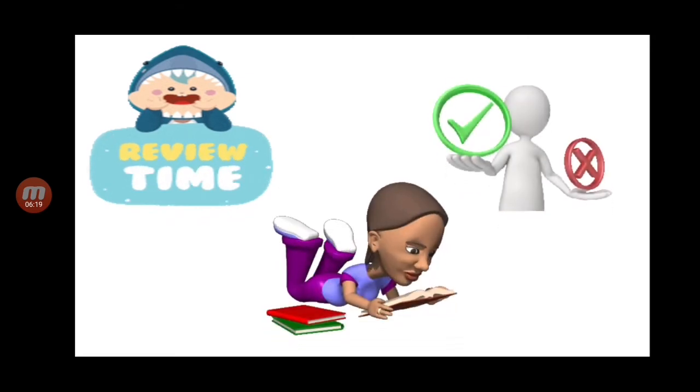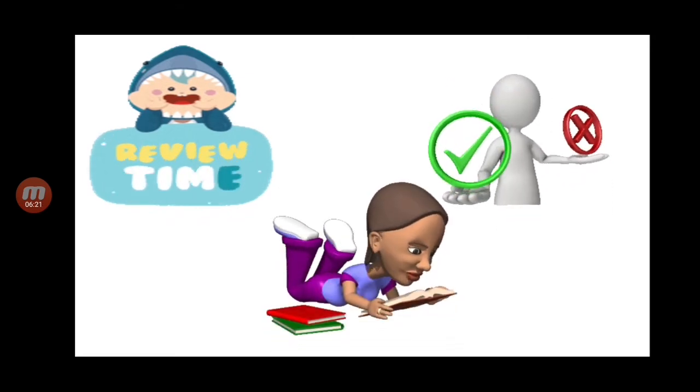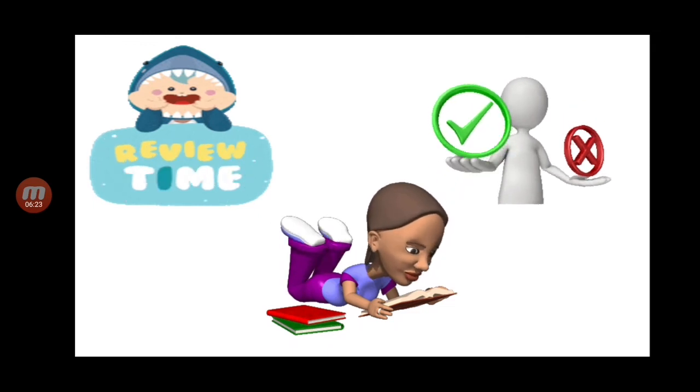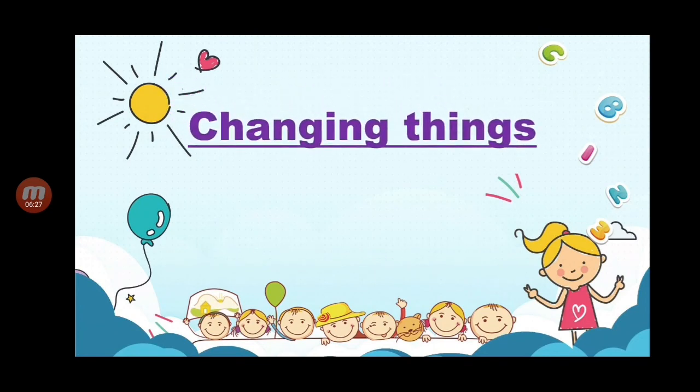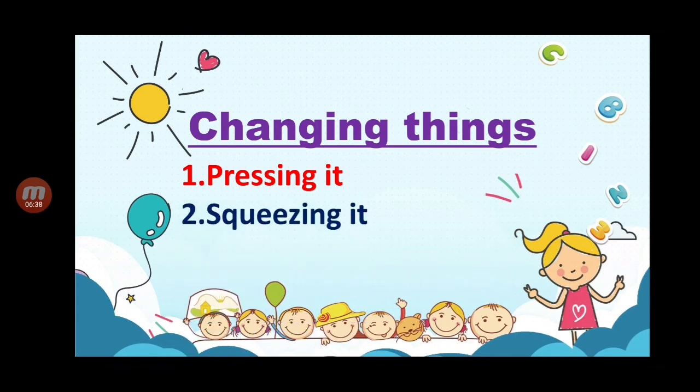Now it's time for our review of our discussion a while ago. Please listen carefully. A while ago we talked about changing things. We can change the shape of a thing by pressing it, squeezing it, and pulling it.